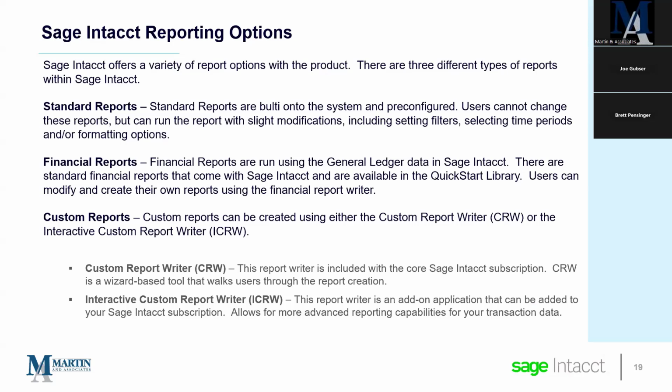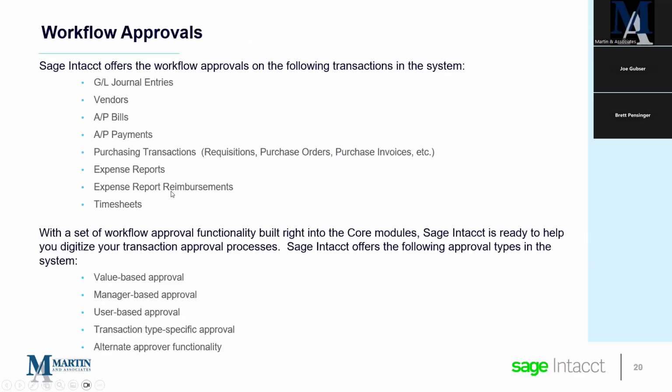The custom report writer comes with the core Sage Intacct subscription, and it's a wizard-based tool that walks you through report creation. If you have more robust or more complex needs for reporting, you can add on what's called the interactive or the ICRW report writer to do your more complex reporting capabilities.